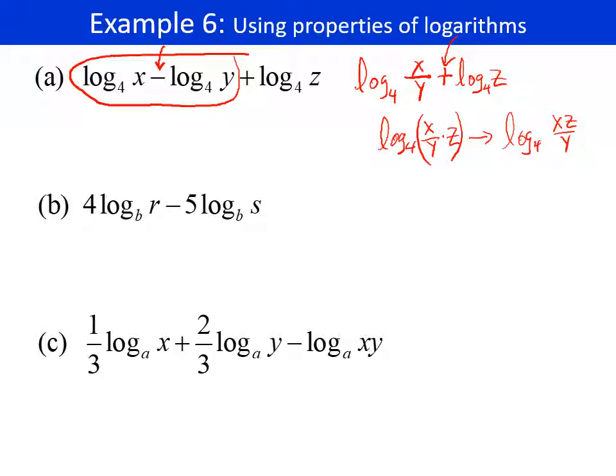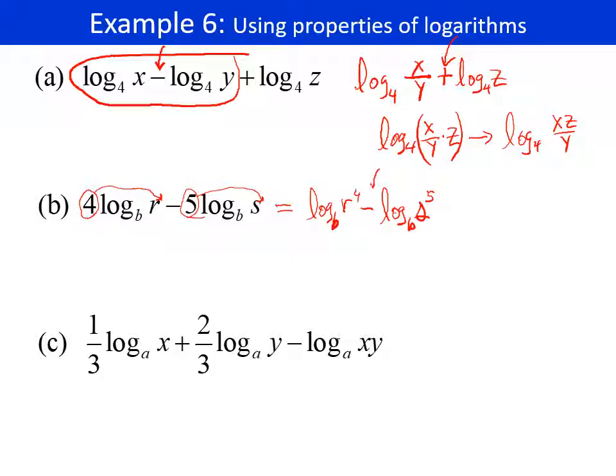The b part, we can use that property 3 of exponents and rewrite this so that the 4 is in the exponent and the 5 is the exponent. So that's equivalent to having a log base b of r to the 4 and a log base b of s to the 5.